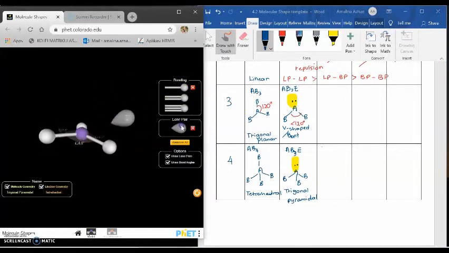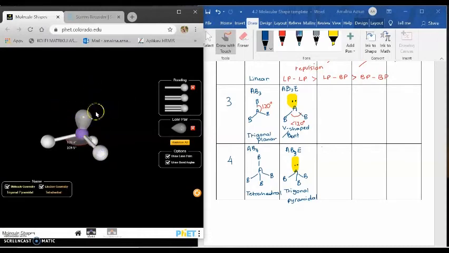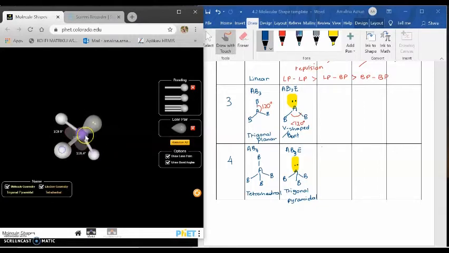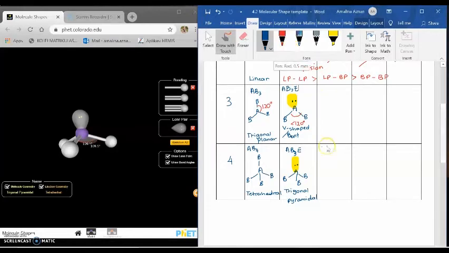Let's have a look at the simulation. You remove 1 bonding pair and substitute with 1 lone pair. When you substitute with a lone pair here, the repulsion between the bonding pairs will shrink them. So the bond angle won't be 109.5. There will be repulsion here, so it will be less than, you can see here, the repulsion will push the bonding pairs.